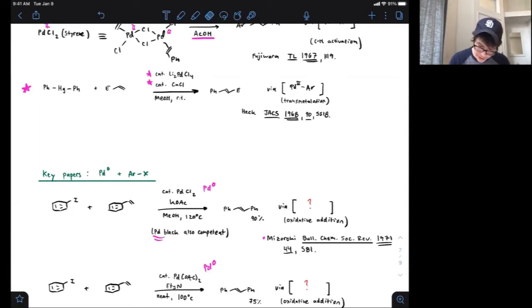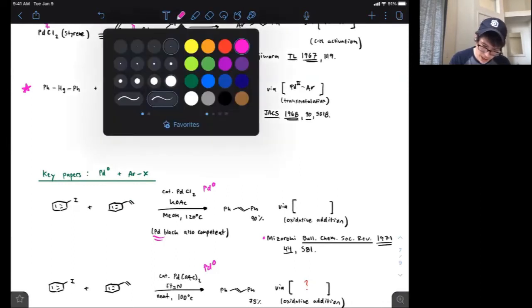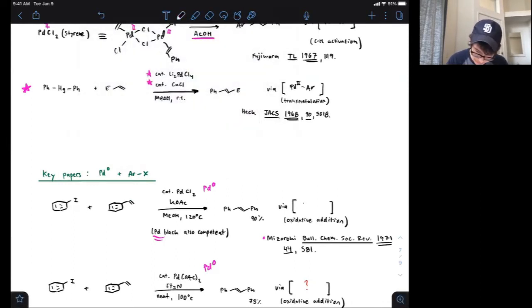And now the key difference is that the same type of aryl palladium species is generated, but it's generated by oxidative addition.